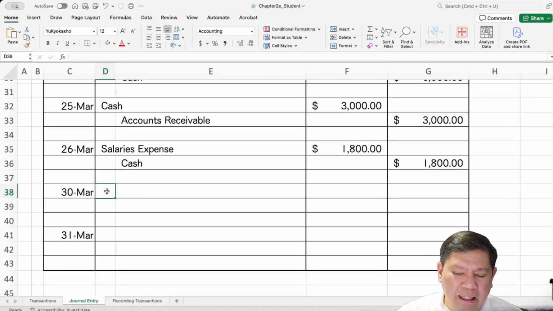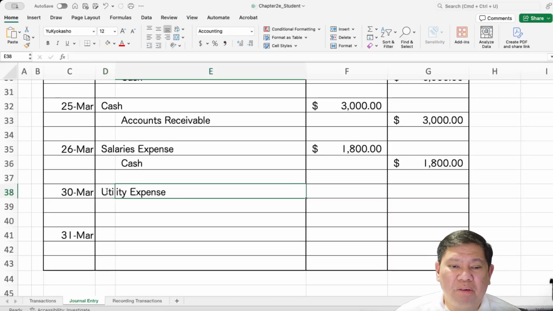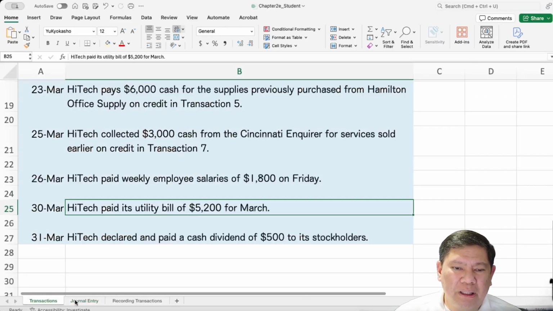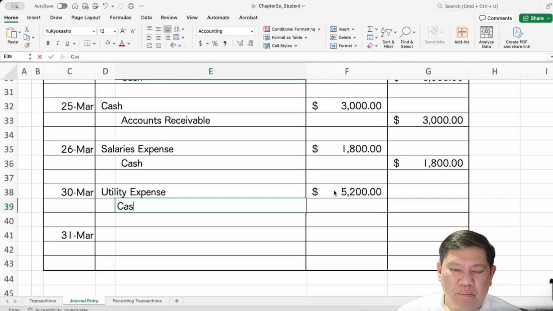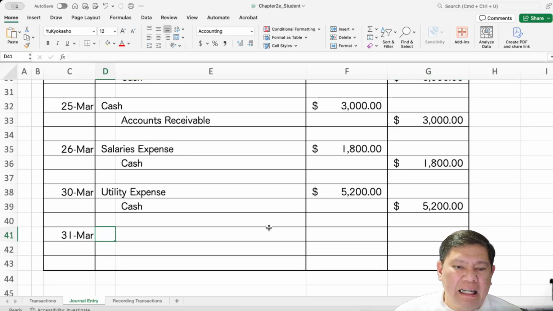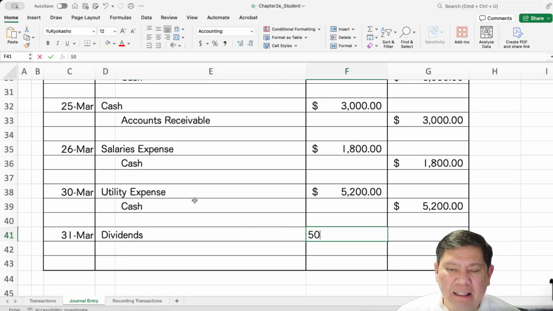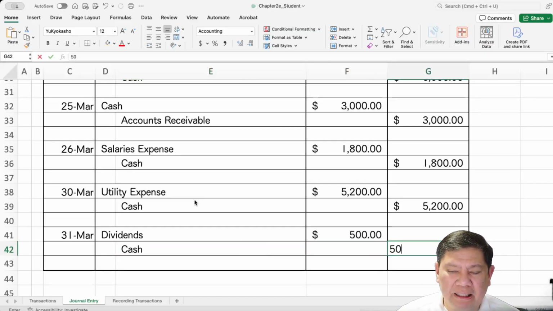Well, we can just call it utilities expense. The names will be provided, so we don't have to worry. 5,200, and we paid cash, so cash goes down by 5,200. And finally, the company pays dividend $500, so dividends $500, and cash goes down by $500.